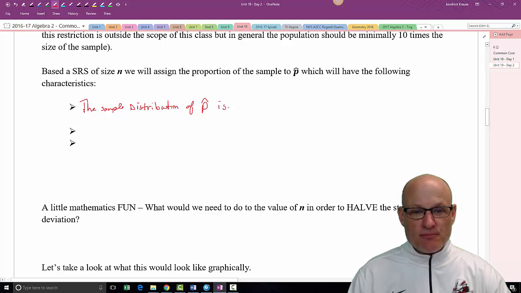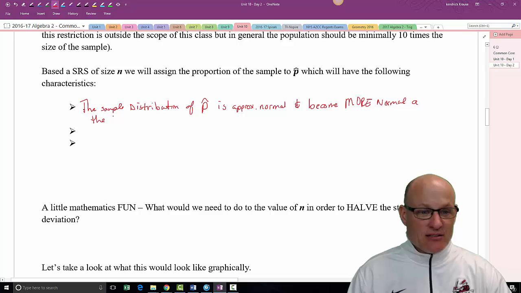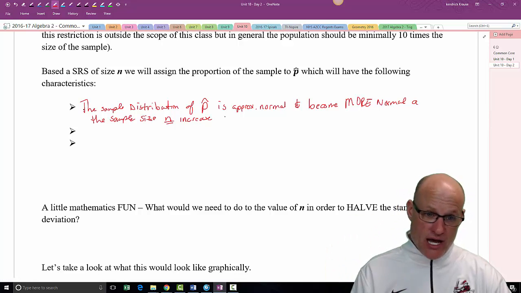It is approximately normal and becomes more normal as the sample size n increases. And we've already talked about that. It gets a better normal shape. Not only does it get a lower standard deviation, it becomes more normal the higher you pick n.